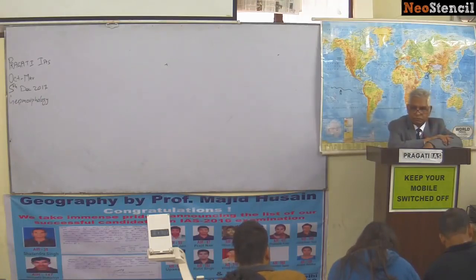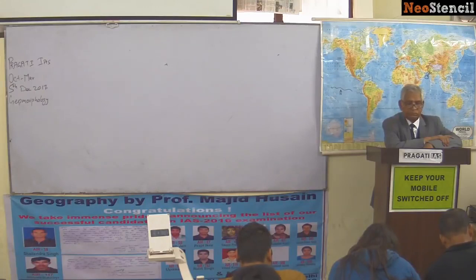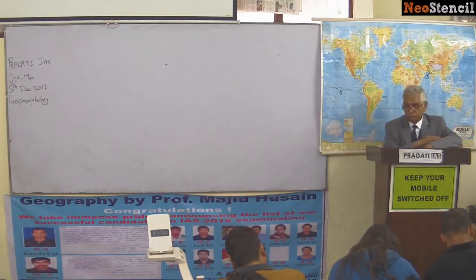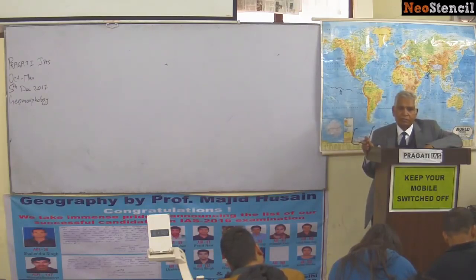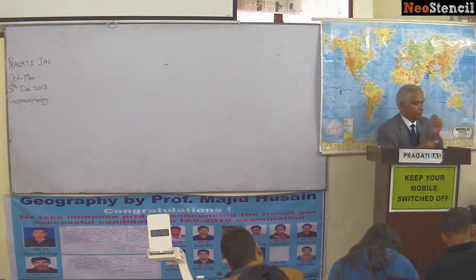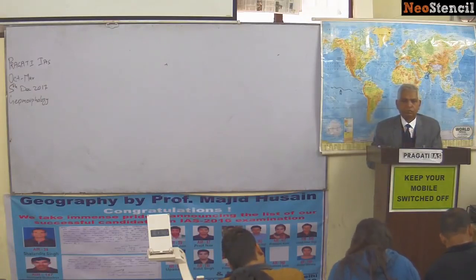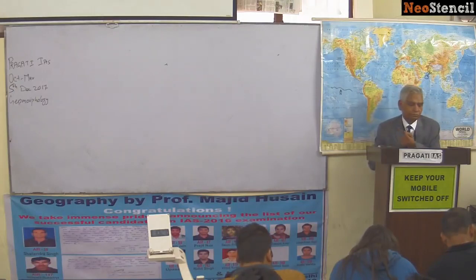Number four, this theory incorporates the concept of base level. The concept of base level, or the lowest level up to which a river can erode, that is sea level.